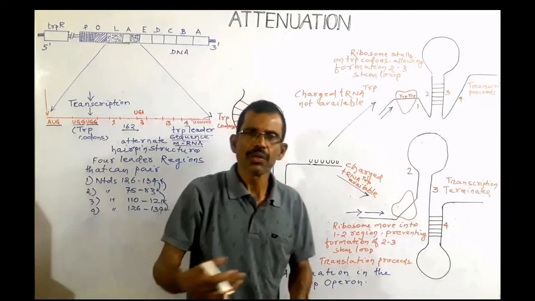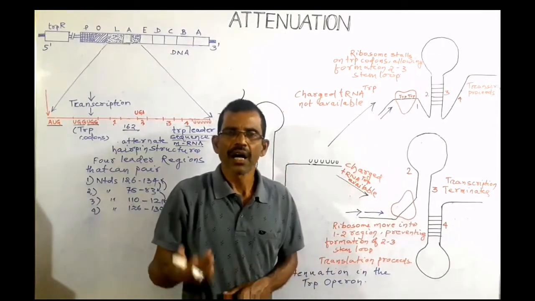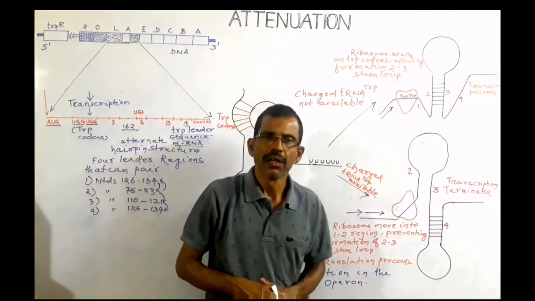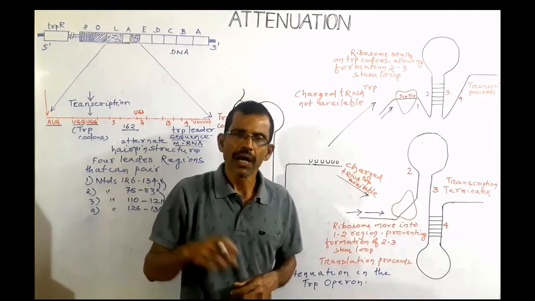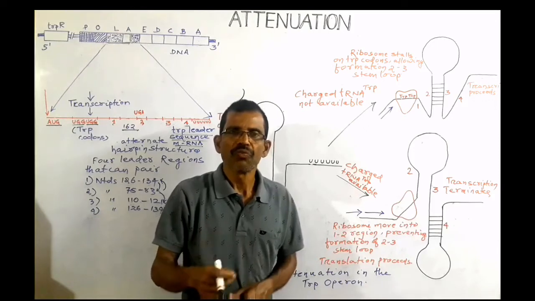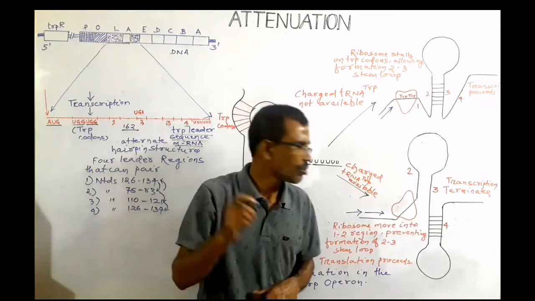The other situation is when there is a high level of tryptophan. When there is a high level of tryptophan, there will be a high level of tryptophan charged tRNA also.